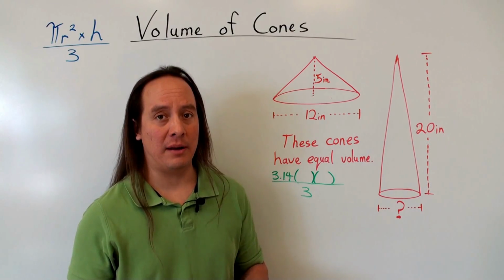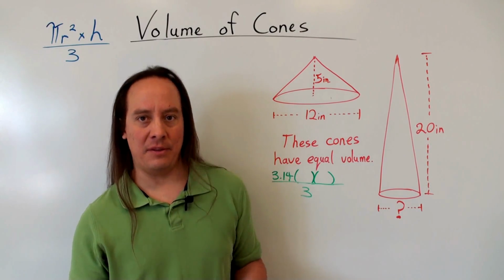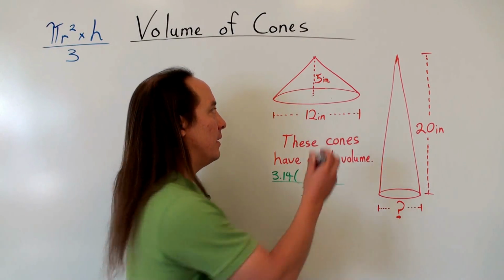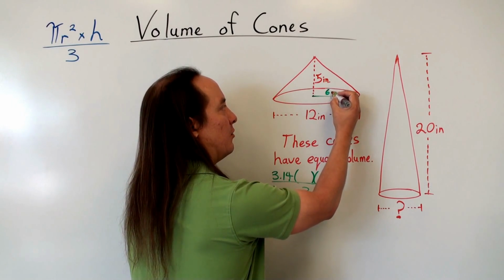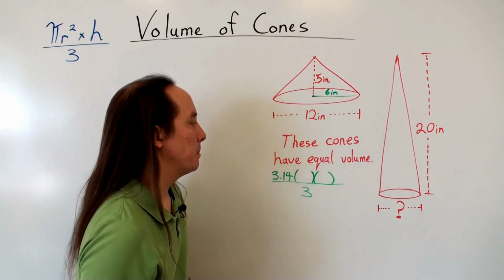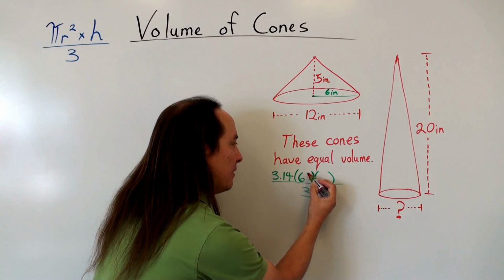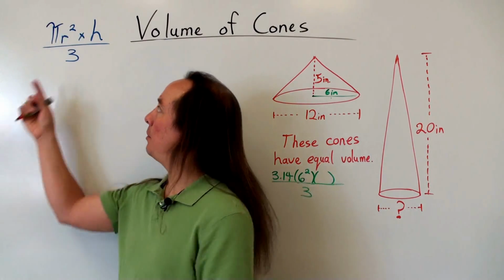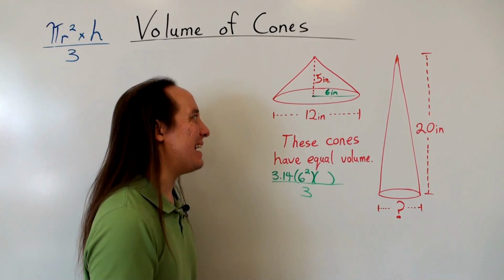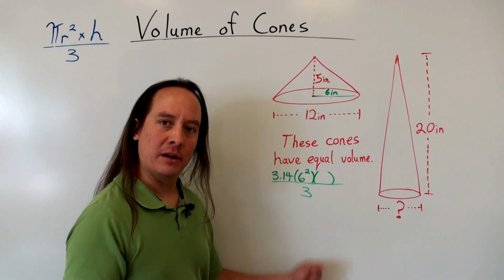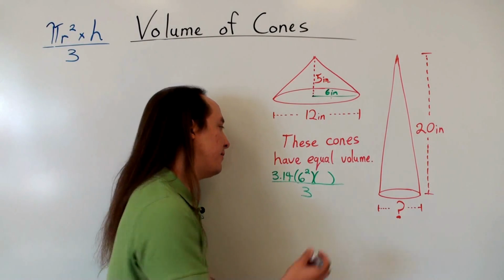But we know that diameter is 2 times radius, or we could say radius is half of the diameter. So it's basically this distance, so it's going to be 6 inches. Okay. Anyway, so we'll plug that here. 6 squared, radius squared, right? The formula says radius squared, so I have to square that 6, and times the height. What's the height of this cone? Height is 5.